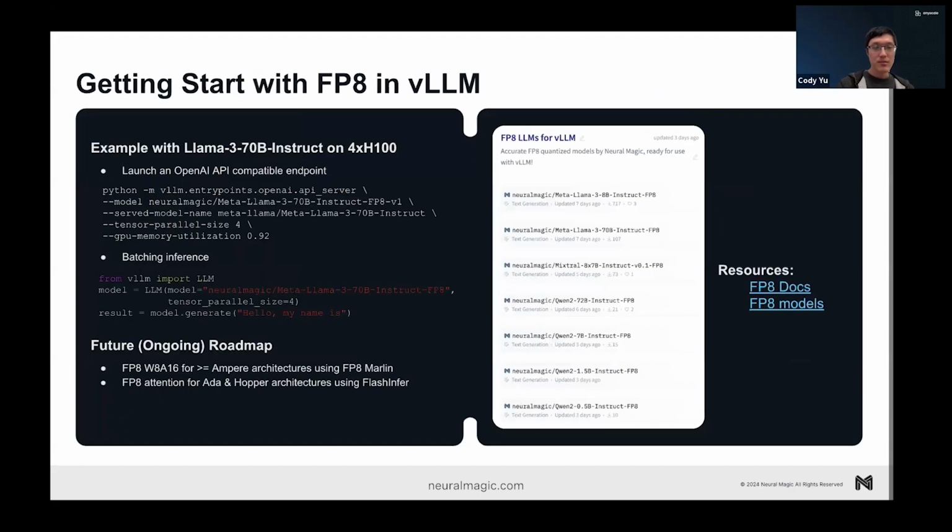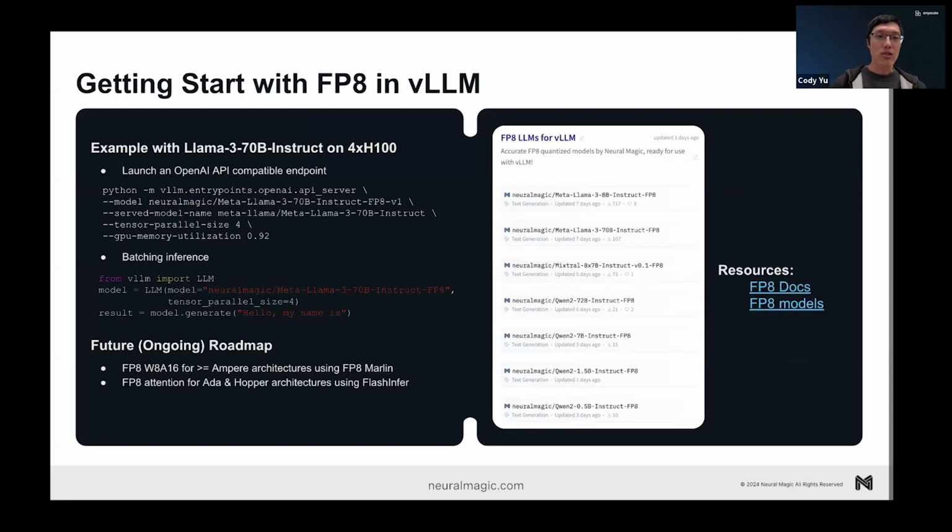Next, please. All right, so lastly, I want to introduce how to get started with FP8 in vLLM very quickly. This example shows how to host a Llama 3 70B Instruct model on 4 H100 GPUs. There are two ways. One is to launch an OpenAI API compatible endpoint using the command I show here, of course after you install vLLM.